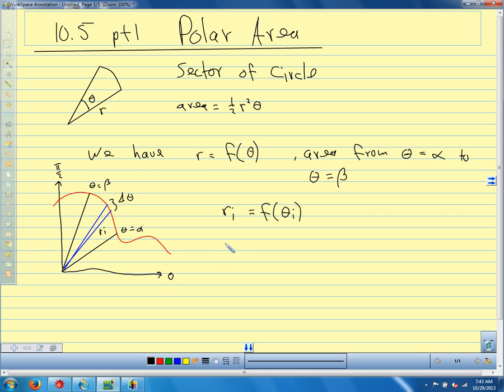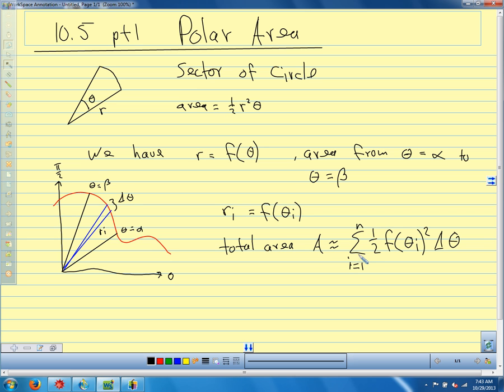So our total area is approximately, we're going to sum up all those little sectors. So we're adding them, however many sectors we have, 1/2 f of theta sub i squared delta theta. And we're just going to sum that over our region. Eventually we're going to subdivide our region into smaller and smaller sectors.